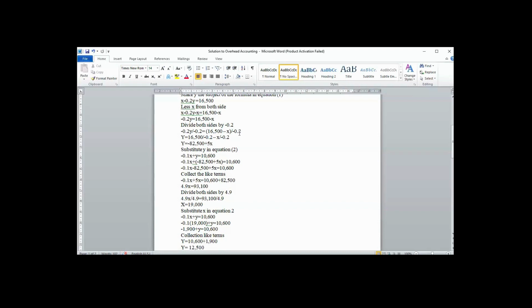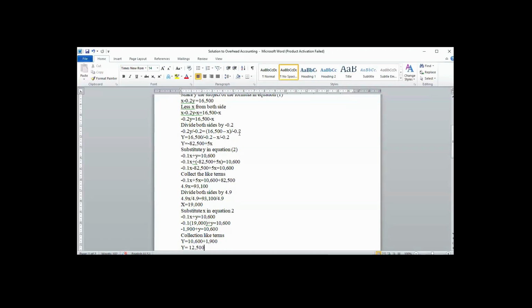When we now substitute where x is in that equation 2, we have 0.1x plus y equals 10,600. That is equation 2. We substitute the 19,000. We have 0.1 into bracket 19,000 plus y equals 10,600. We now said minus 0.1 times 19,000.